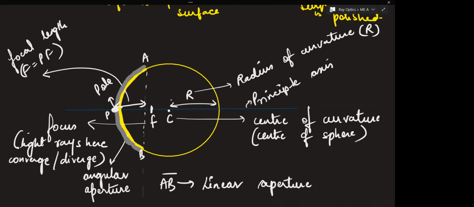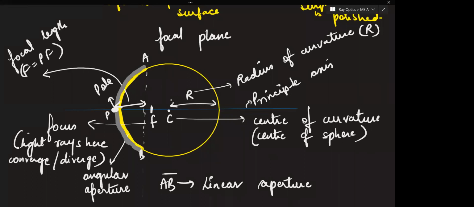This is the focus. Don't confuse it with the center of curvature. Center of curvature is different. Fine. So these are all the terms that you should be aware of. And the vertical plane passing through the principal focus, perpendicular to the principal axis, you call the focal plane.